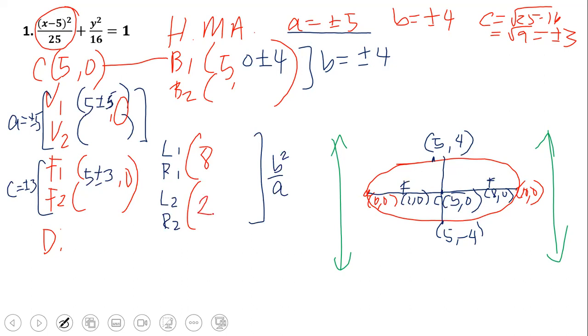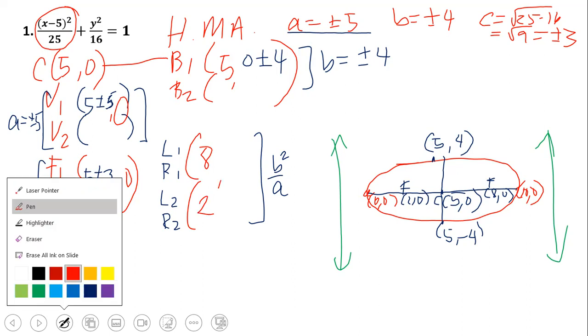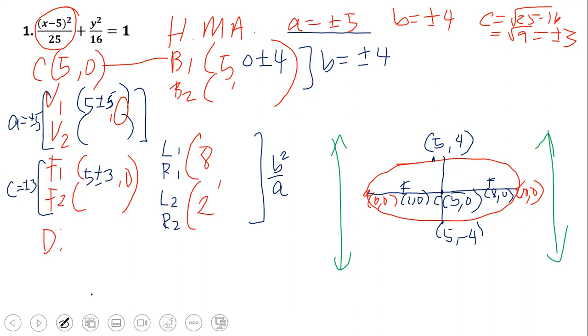So this will shift in 0 plus minus b squared. Ang b squared natin is 16 over a, 5. So this is already 16 over 5. So you already have 16 over 5 here.